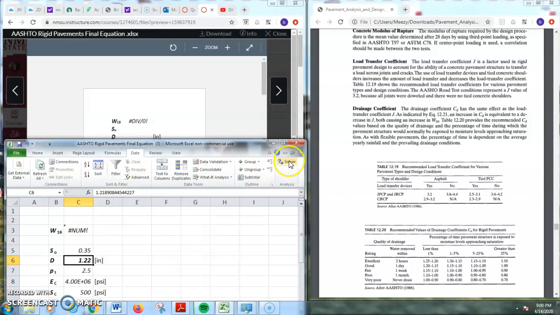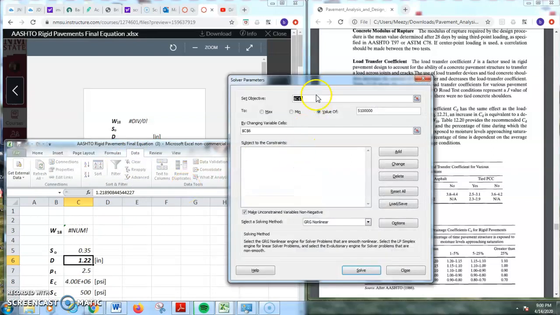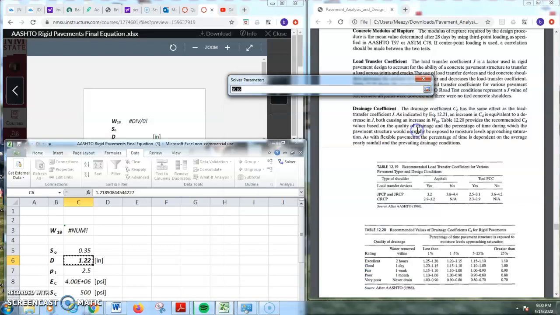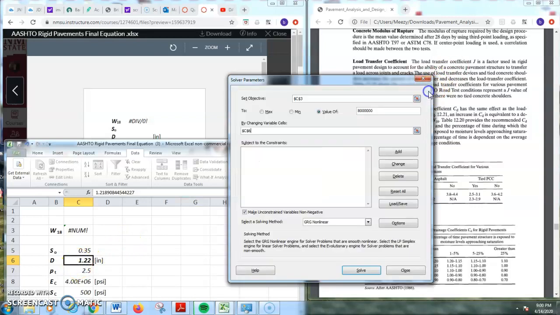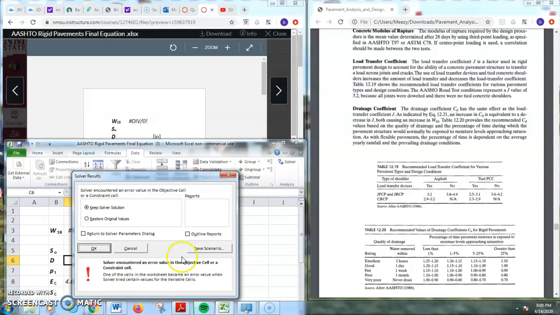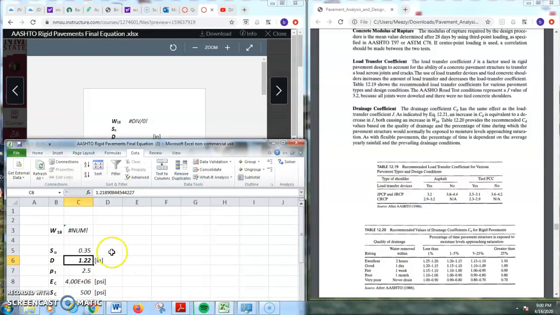Try solving this again. C3, go to 8 million. Okay.